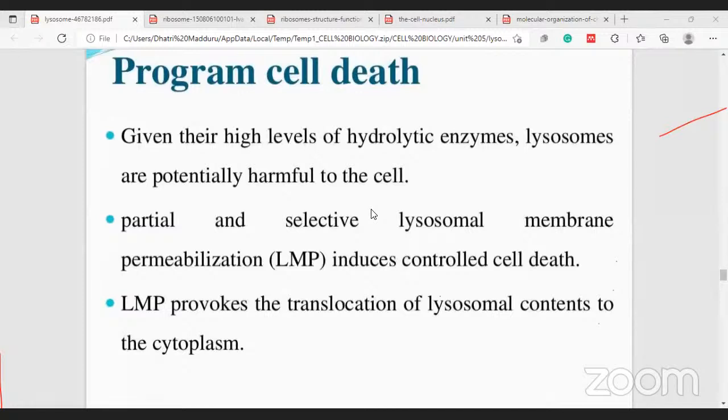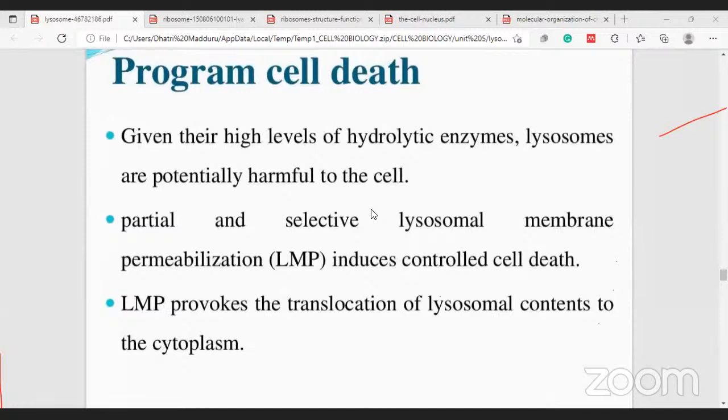So during this process, how does the cell undergo death? This is by the lysosome, which releases some enzymes so that it slowly causes the death of the cell. How does it release them? By selective permeabilization of the lysosomal membrane. It provokes the translocation of lysosomal contents to the cytoplasm.